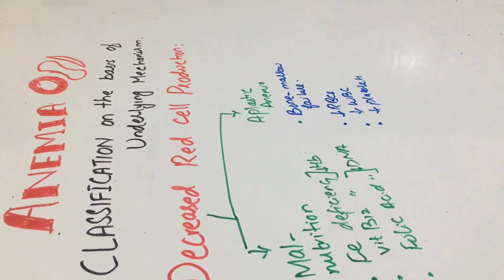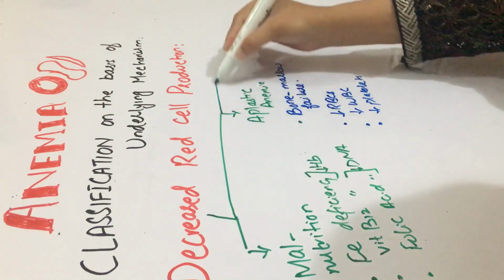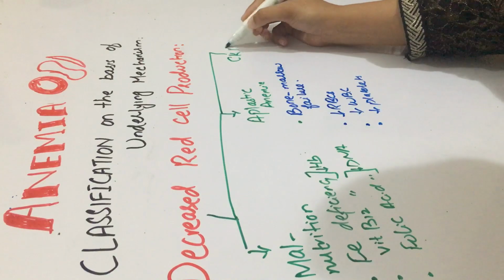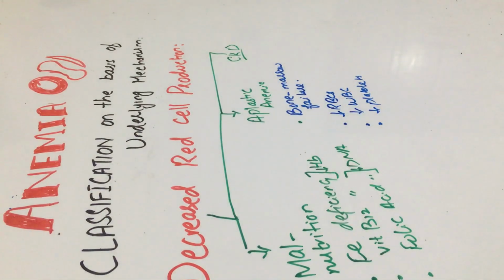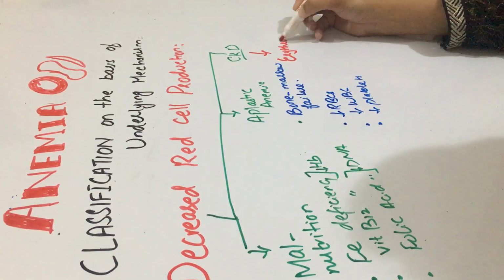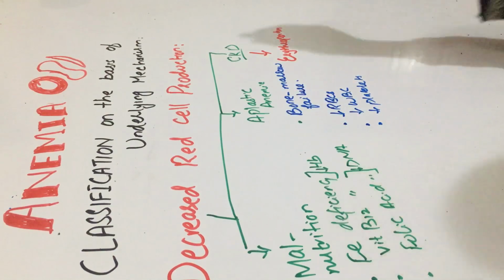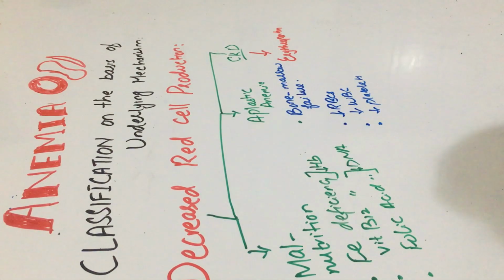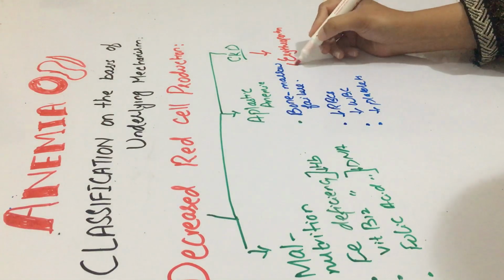Now the third most important variety of decreased production of red cells could be chronic kidney disease, CKD. Why in CKD is there decreased red cell production? Everyone knows that the kidney is the major contributor of erythropoietin. So when there is chronic kidney disease, erythropoietin would be reduced.